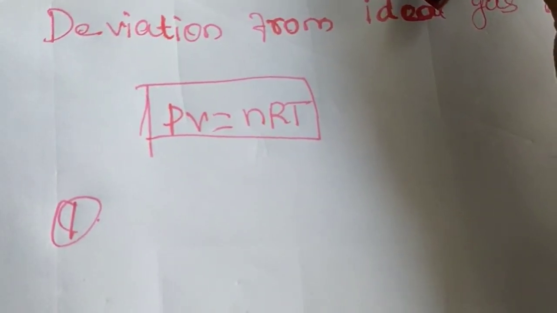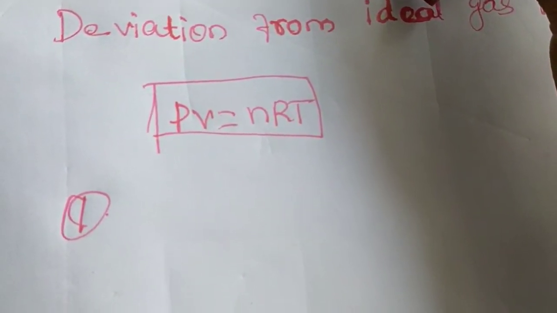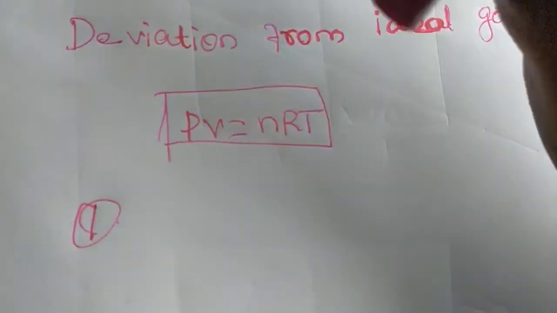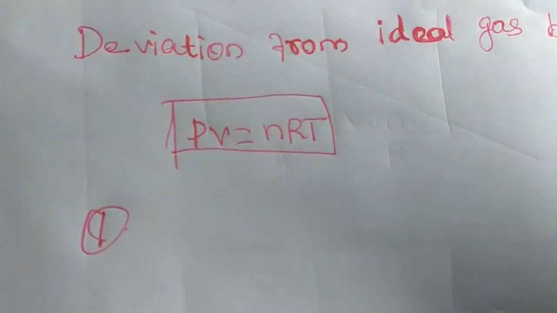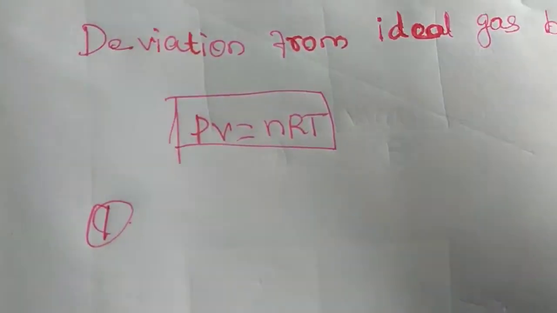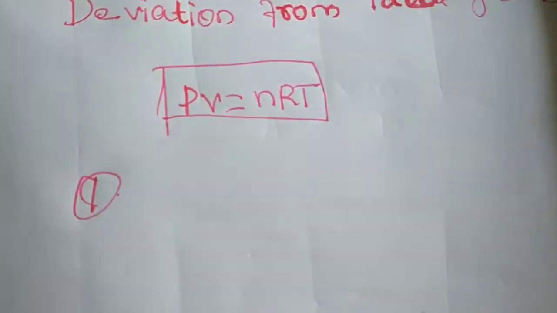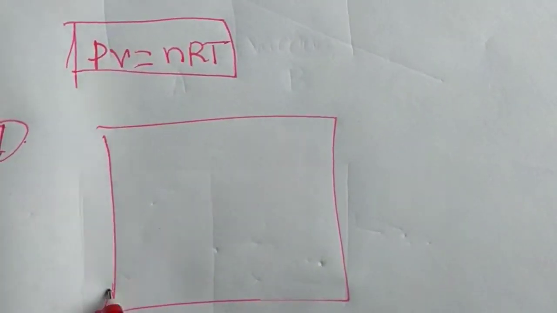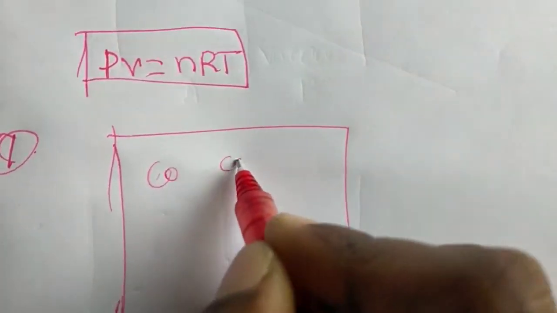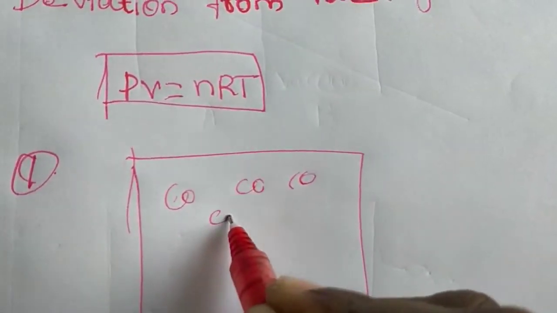Now the condition for this carbon monoxide gas: the amount of gas filled in this box is not only one molecule, it contains many molecules in that box.